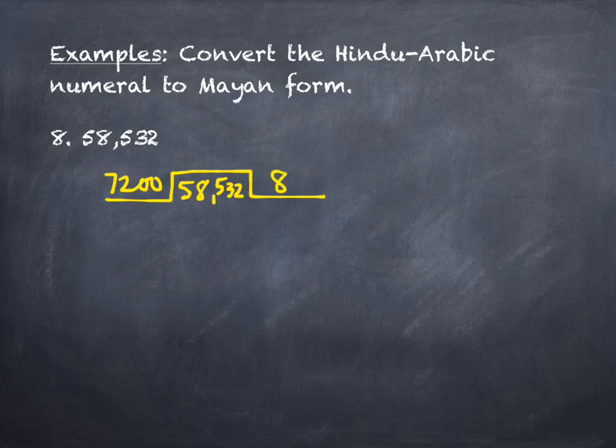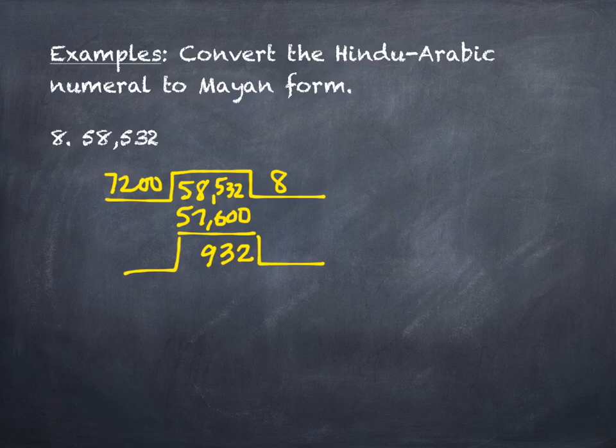What is 8 times 7,200? All right, and then we subtract. So 58,532 minus 57,600. What do I get? 932. I go to the next place value.